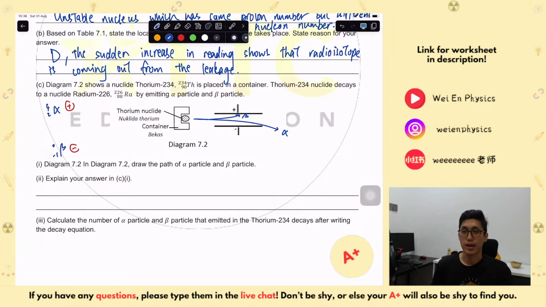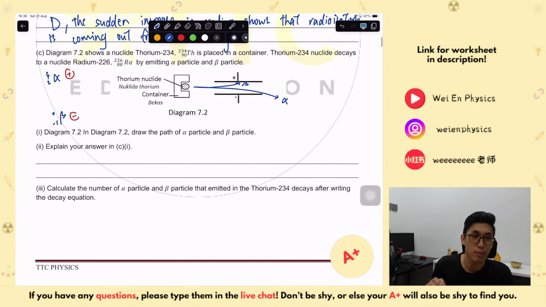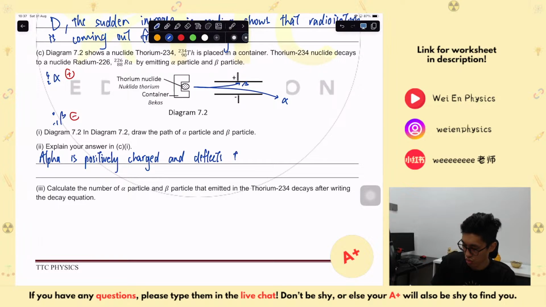Now explain your answer, explain why they move like that. So you say, alpha is positively charged and deflects to the negative plate.